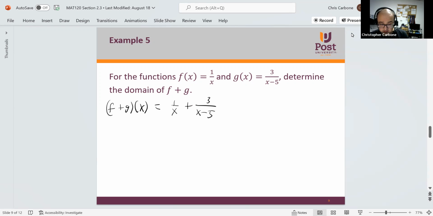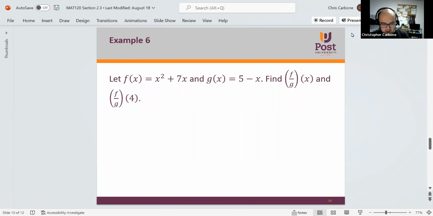And the domain of this, since we have, again, the two fractions like before, x here cannot be 0, and x cannot be 5. Otherwise, we have those division by zeros. So the domain is negative infinity to 0, union 0 to 5, union 5 to infinity. All in parentheses, since we can't have that number in the denominator.